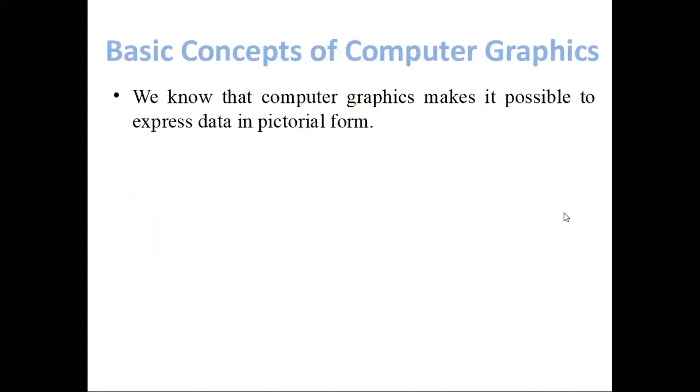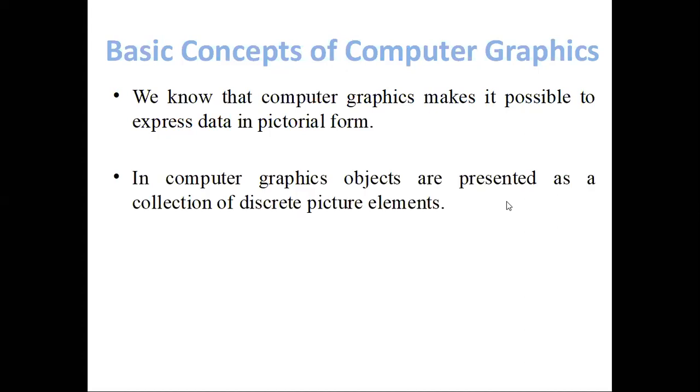Now again we have seen that computer graphics allows us to represent or express the data in pictorial form. So computer objects are presented as a collection of discrete picture elements. Yesterday I told you that if I want to plot a line, I need 2 points, that is the starting point and the ending point.